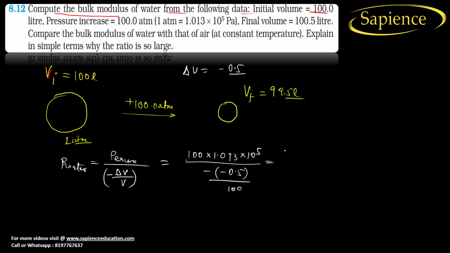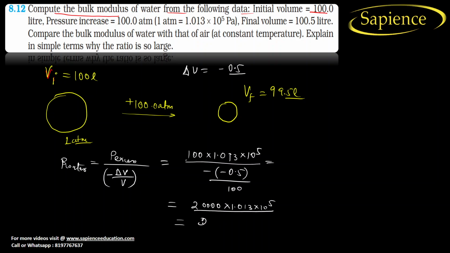So when we do this calculation, we are going to get 20,000 into 1.013 into 10 to the power 5, not divided by, you have to simply multiply this.